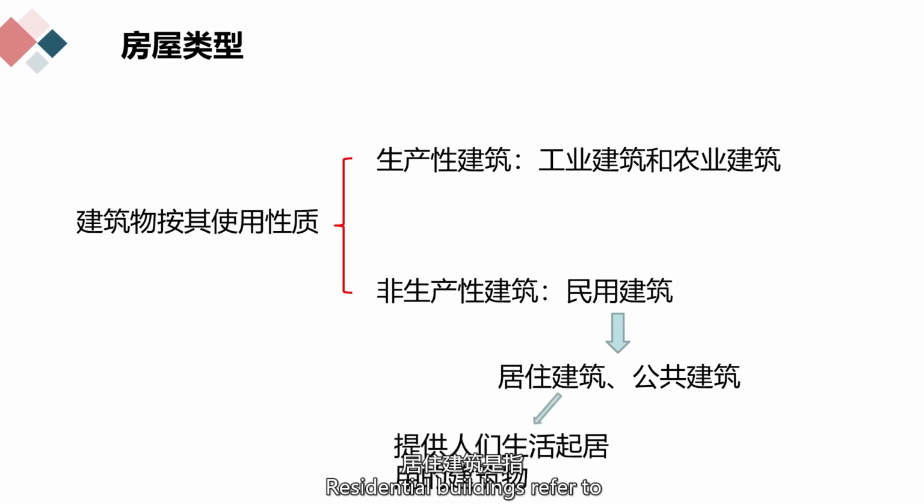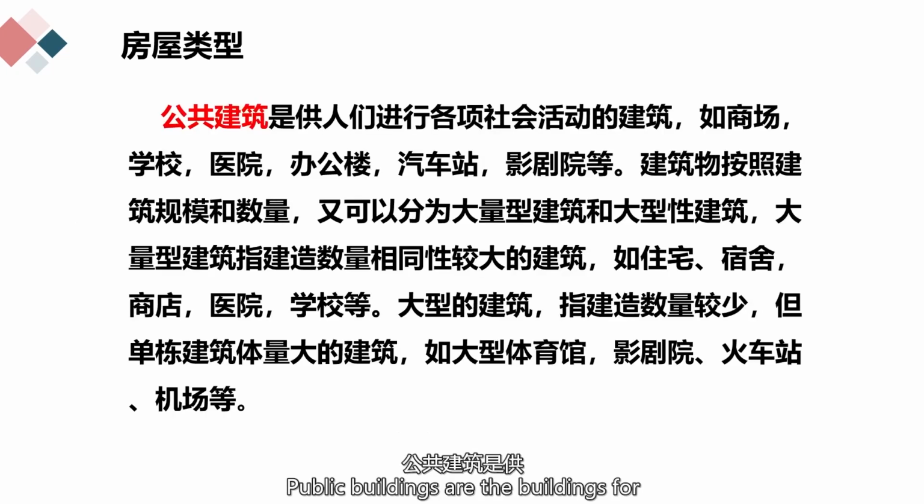Residential buildings refer to the buildings that provide people with living and accommodation, such as houses, dormitories, apartments, hotels, etc. Public buildings are the buildings for people to carry out various social activities, such as shopping malls, schools, hospitals, office buildings, bus stations, cinemas and theaters, etc.